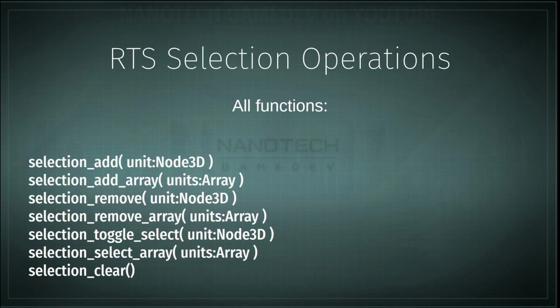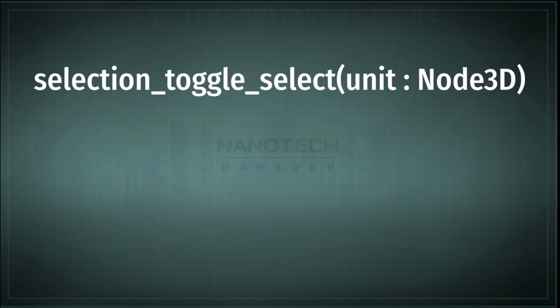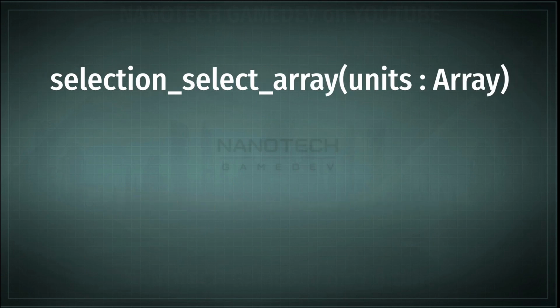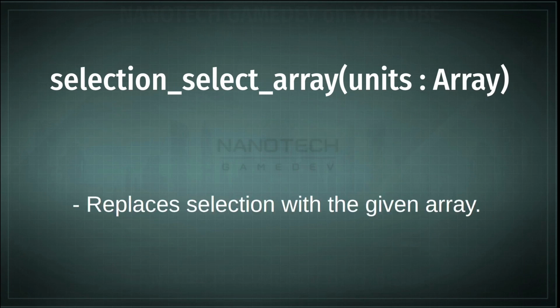We also have three new functions here that we're going to use to help us. The first one is the toggle select unit, which is going to iterate through the selection and add or remove that unit based on whether it's selected or not. The second one is to select a couple of units through an array. We're going to replace the selection with a given array, and this is fairly useful if you want to make group-style RTS, like when you press Ctrl 1 and assign a group.